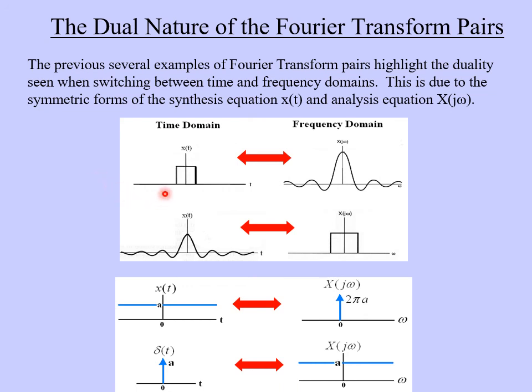So in other words, when we had a square pulse in time, it gave us a sinc function in frequency, whereas a sinc function in time gave us a square spectrum in frequency. So you can see the duality here when we switch frequency and time. And of course, we also saw this with the delta function.